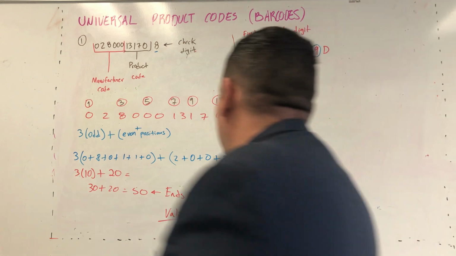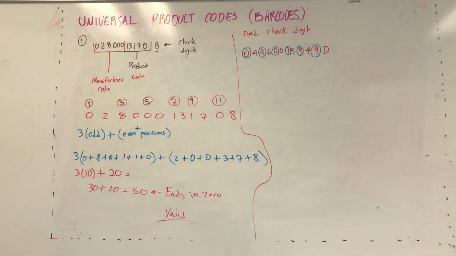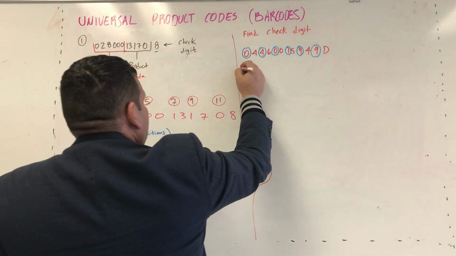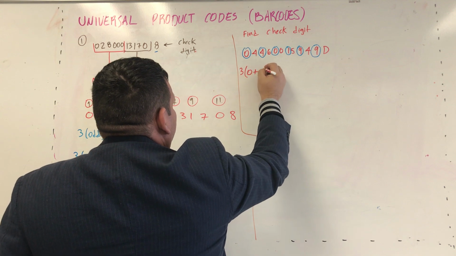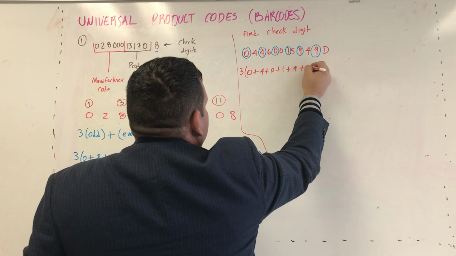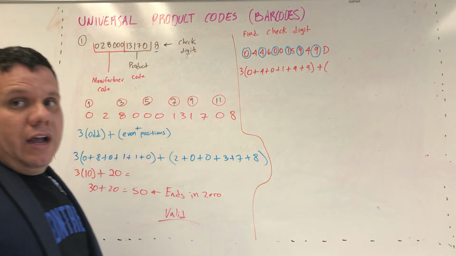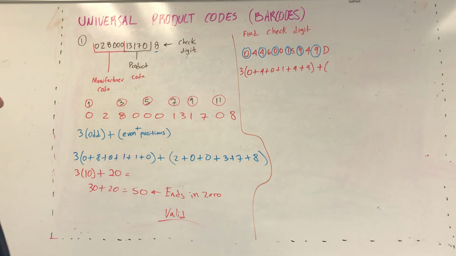Remember the formula says multiply 3 times the numbers located inside odd positions. So I have 3 times 0 plus 4 plus 0 plus 1 plus 9 plus 9. And then plus an addition of all the numbers located in even positions.